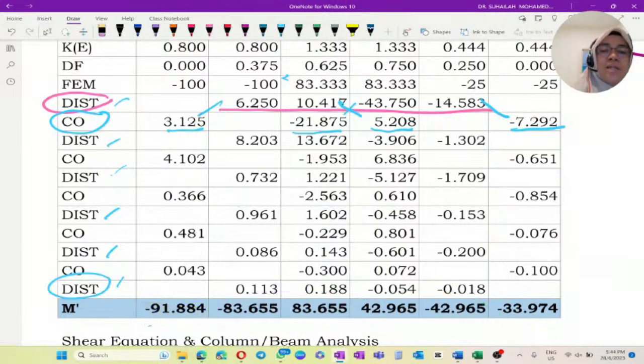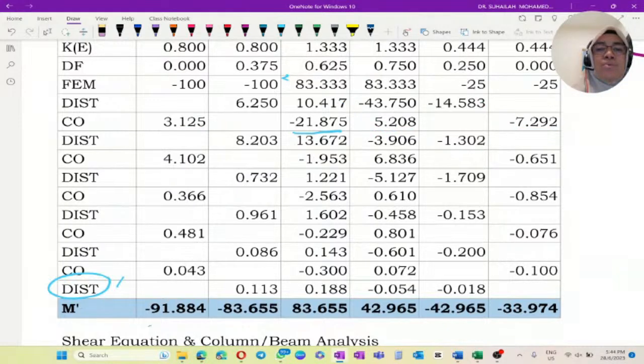Okay, and this is table number 2. The end moment in table number 2, we label as M prime. So this is actually what happened under step 3B.